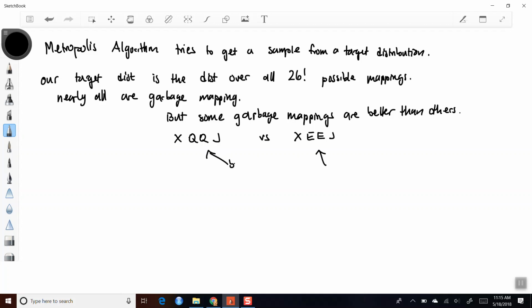Both are nonsense words. Both are nonsense, but XEEJ looks less bad, all right?